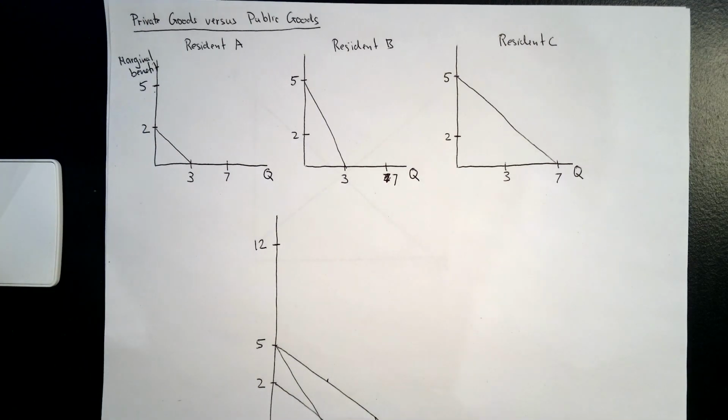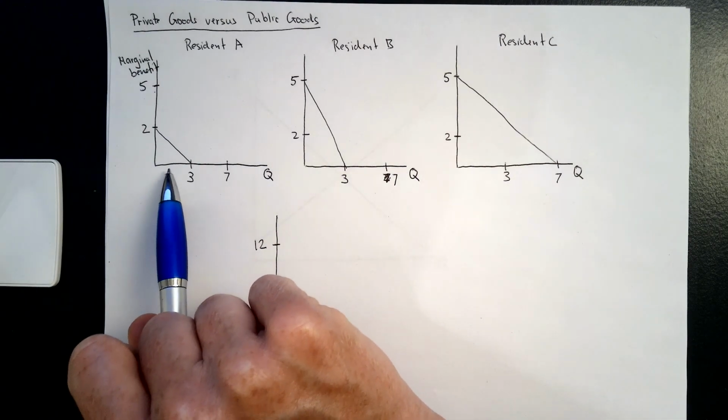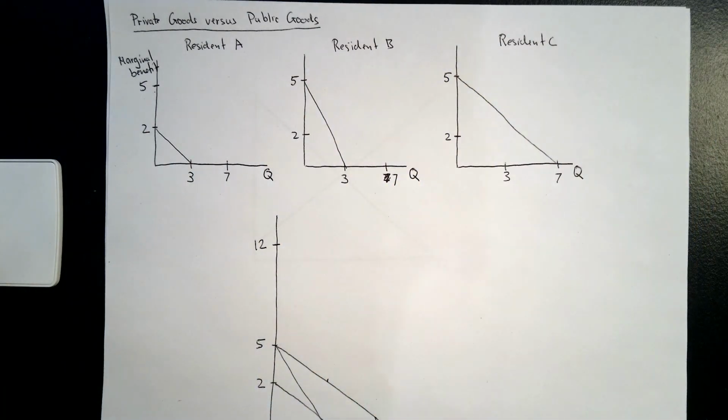Now, the key characteristic of a public good is that the consumption is not rival, in the sense that if 1 unit of the good is provided, then residents A, B, and C are all benefiting from that 1 unit.